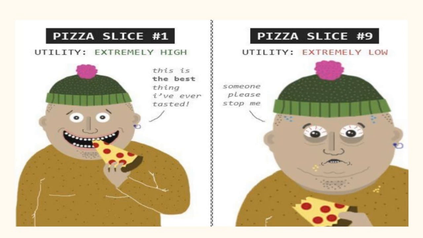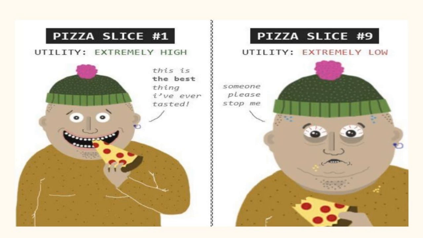So here is one more image to help you out. You can see that when the consumer is having the first slice of pizza, he is feeling extremely happy and experiencing an extremely high level of satisfaction, and he is also saying that yeah, this is the best thing I have ever tasted.